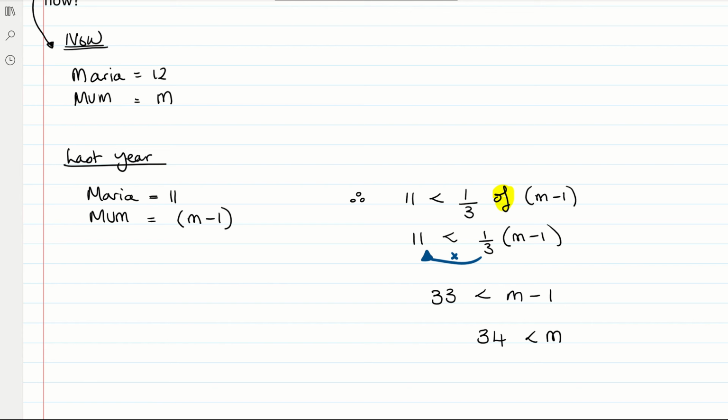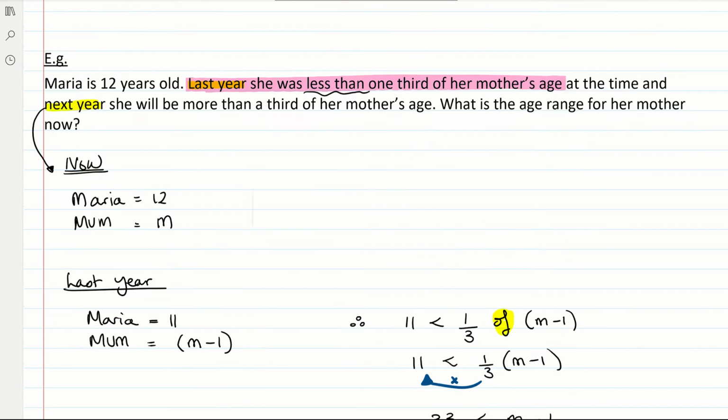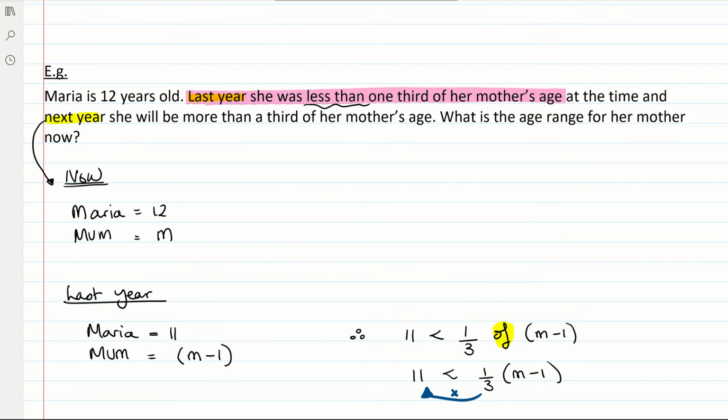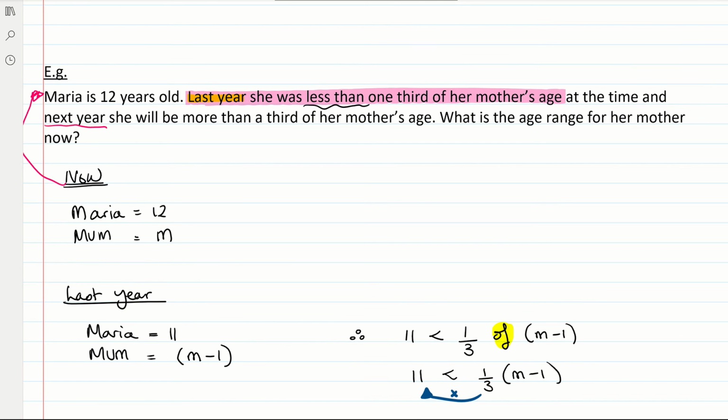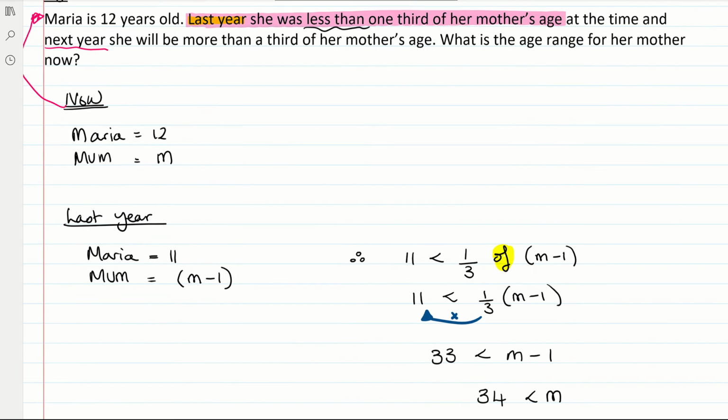Now, we've done last year. That's not it, that's now. We're now going to do next year. So next year, if Maria is 12 now, next year Maria is going to be 13.